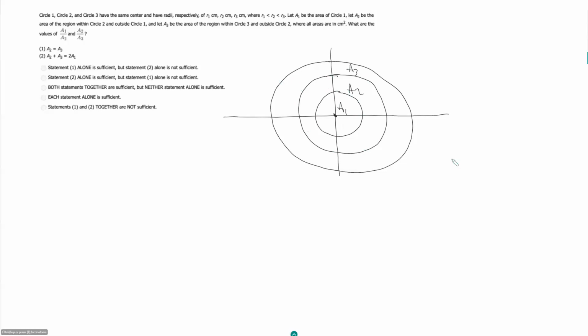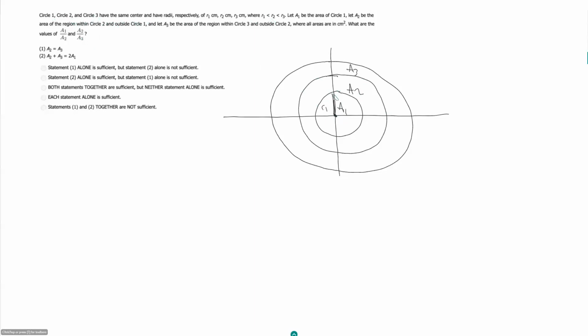So, our radius, circle 1, circle 2. It's very confusing because area 2 is not the area of circle 2, so we got to make sure we label this right.